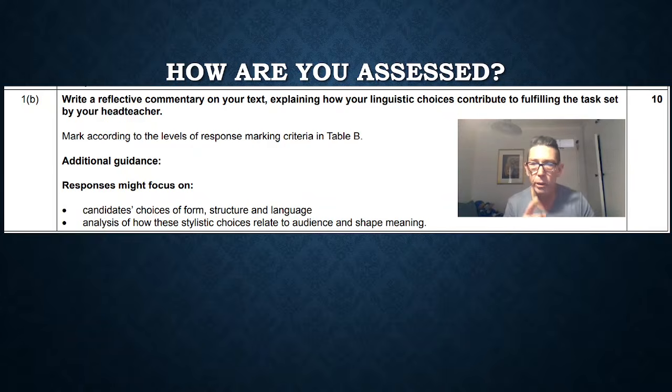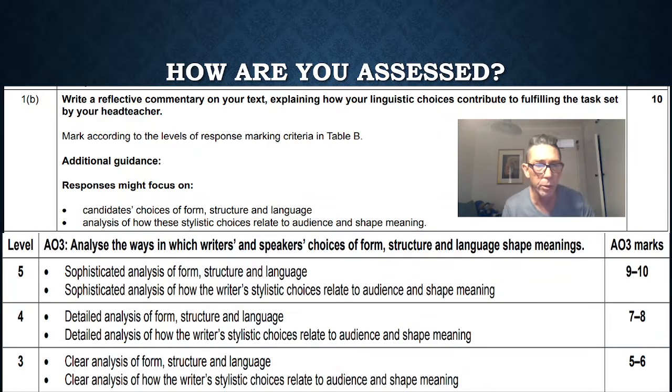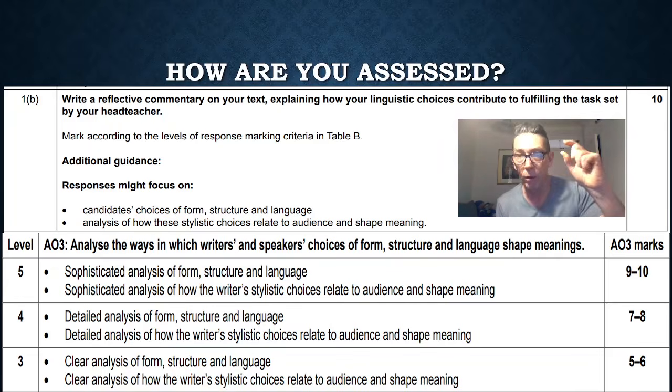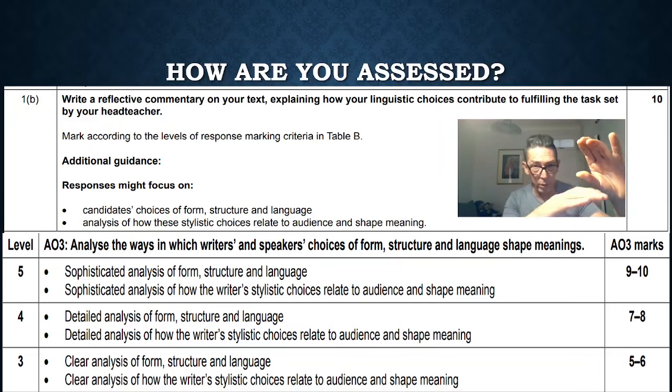Okay, let's actually look at how the marks are awarded. So again, analyze the ways in which writers and speakers make choices of form, structure, and language that shape meaning. That is your focus. You created those effects when you wrote the 1A, so you know what effects you created. Your focus is still on form, then on structure, then on language.